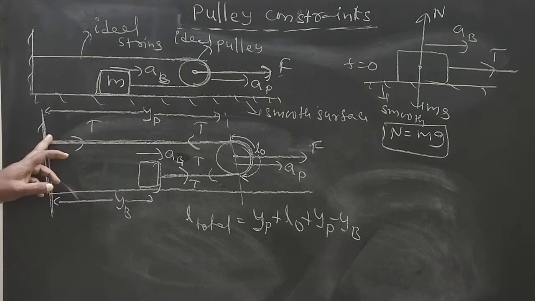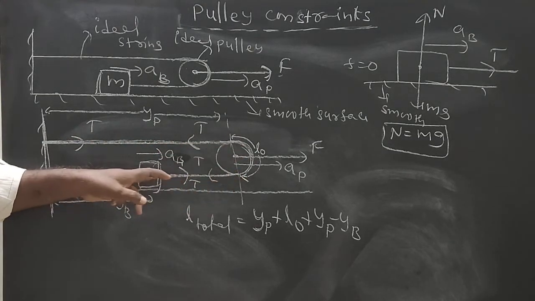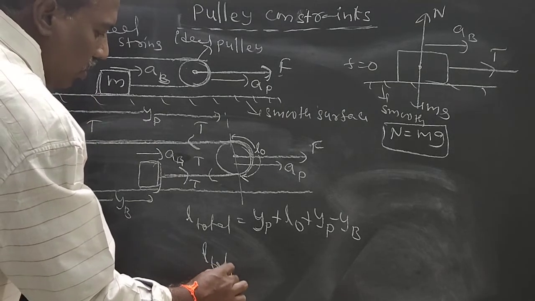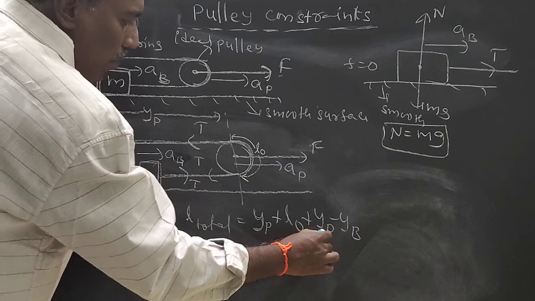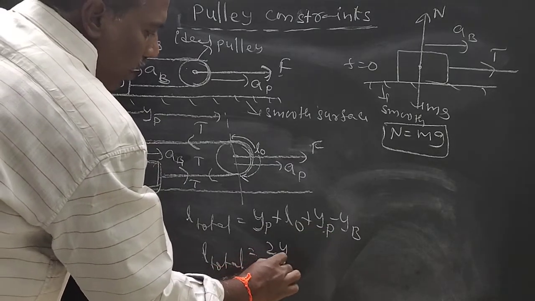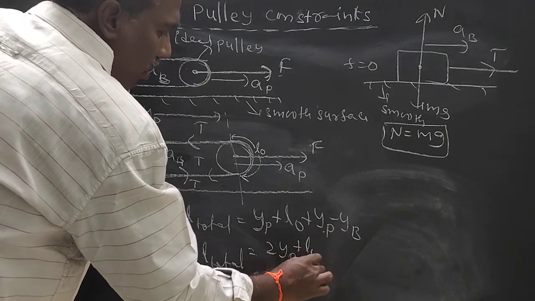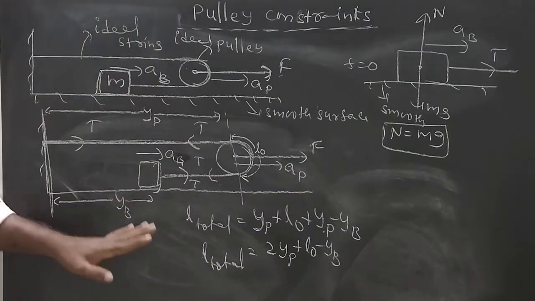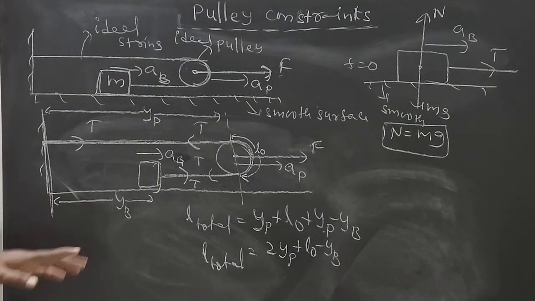So L total is equal to YP plus YP, 2YP plus L0 minus YB. So this is the total length of the string.